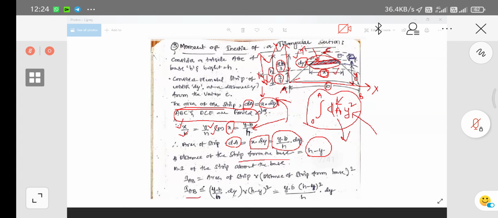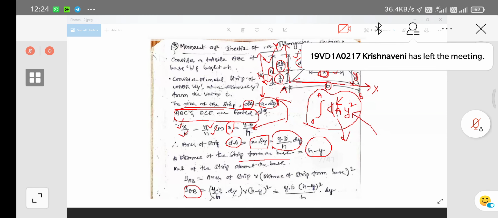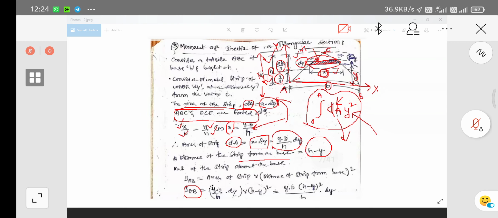Therefore, put it in this formula: IAB is equal to the integration of area into distance squared. The area is the differential element area, and the perpendicular distance is h minus y, whole squared. So in total you get yb into (h minus y) whole square by h, into dy.